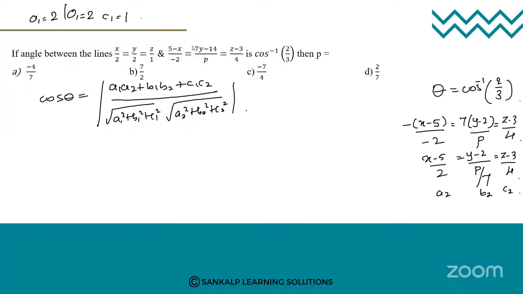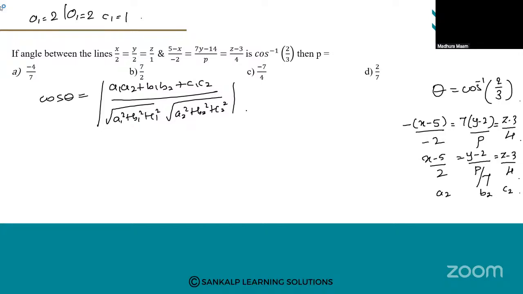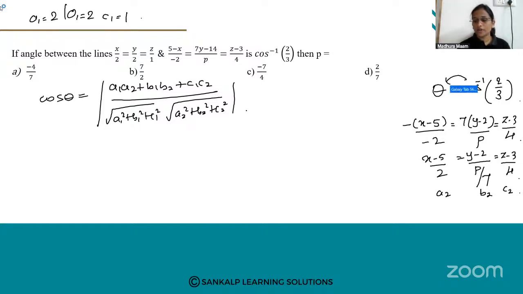Okay, so now let us start using the values. From this, what will I get? Cos theta value is 2 by 3. Now from this, equals A1 A2, 2 into 2, 4, plus B1 B2, 2p by 7.